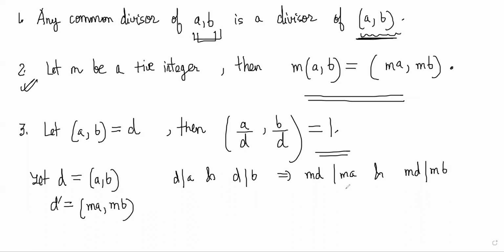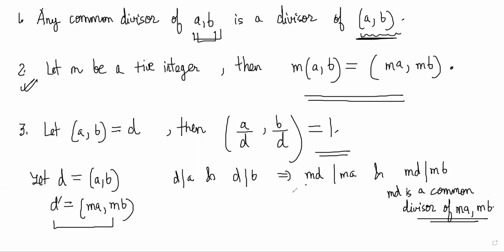So MD is a common divisor of MA and MB. If it is a common divisor of MA and MB, it must be smaller than or equal to the greatest common divisor of MA and MB. So MD is less than or equal to D dash.